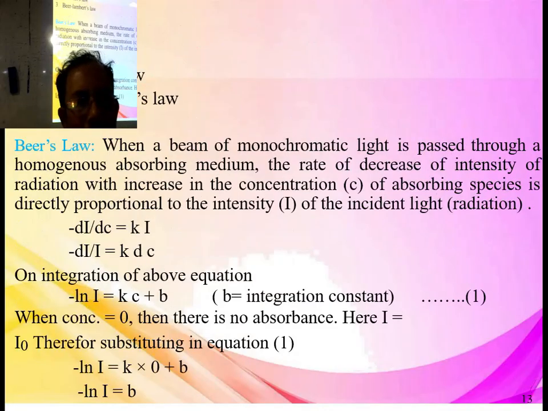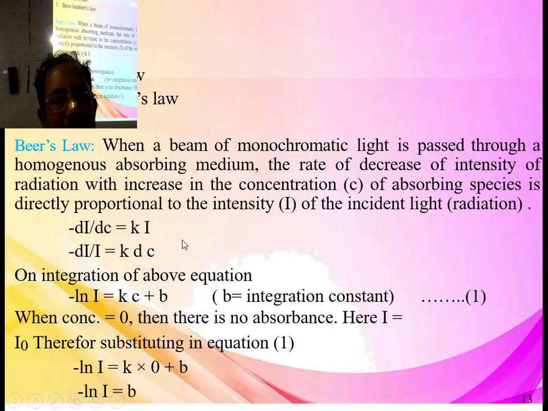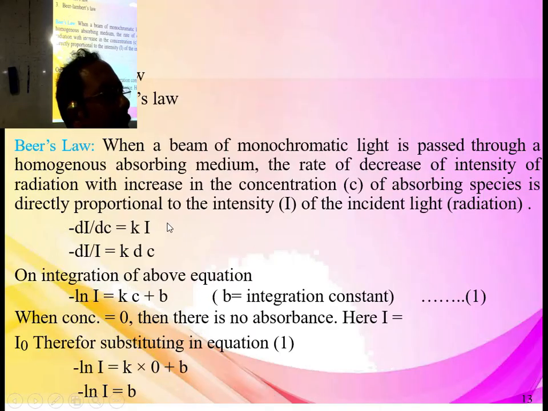So what is Lambert-Beer's law then? First of all, Beer's law: minus dI/dC equals kI. That means I is the incident radiation, C is concentration. So minus dI/dC means absorption due to this concentration variation; minus means negative, that means inversely proportional.